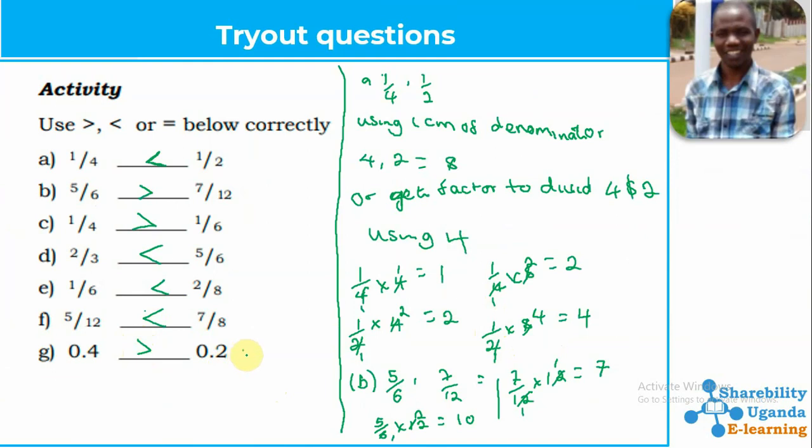So here we shall have got all our answers correct. You can use that method when they ask you to arrange or to compare which one is bigger, or when they tell you to use these symbols.